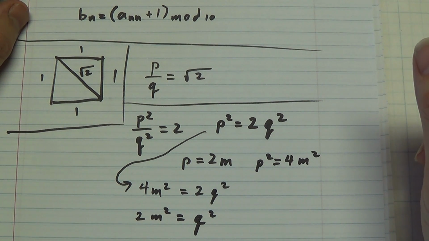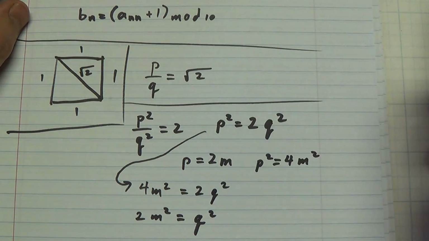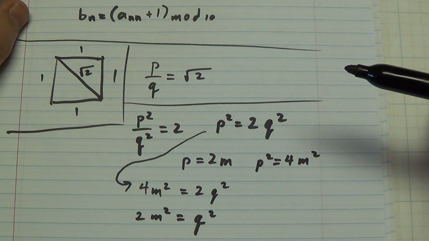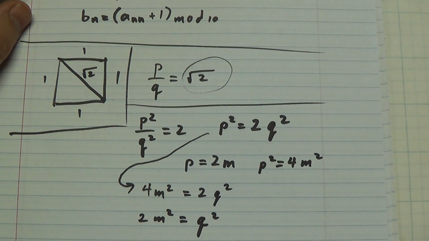There's a contradiction. We cannot have two numbers that both have and do not have common factors. And so our initial assumption that there is a fraction is wrong. So here's a number that is a magnitude, it's the diagonal of a unit square, that cannot be expressed as a fraction.